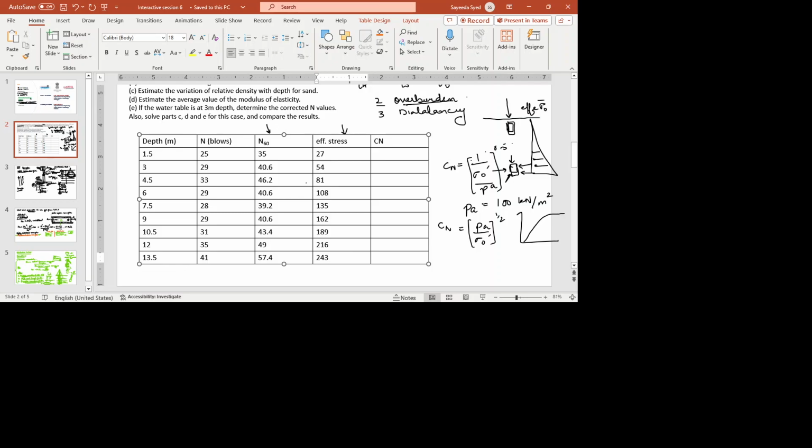Now, based on this, let us calculate the Cn value.